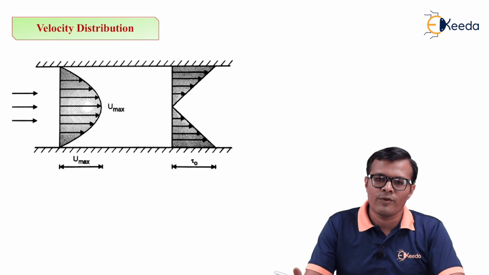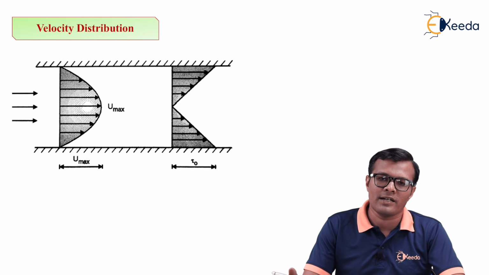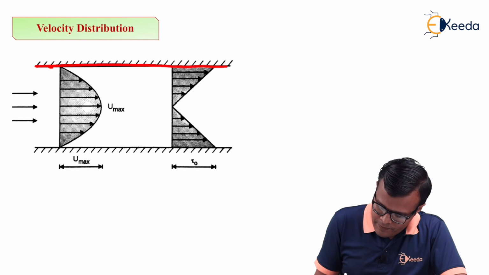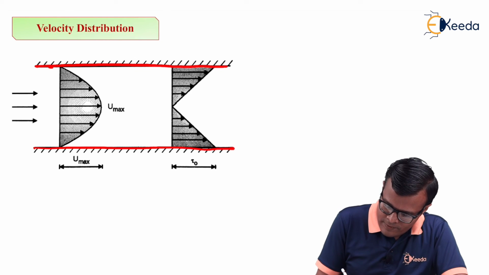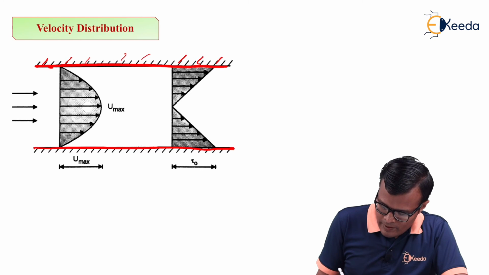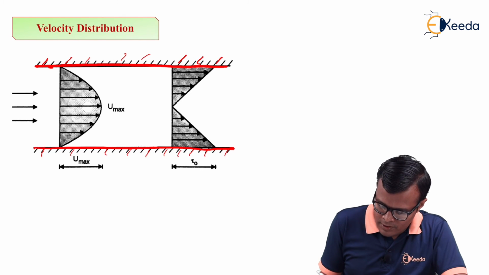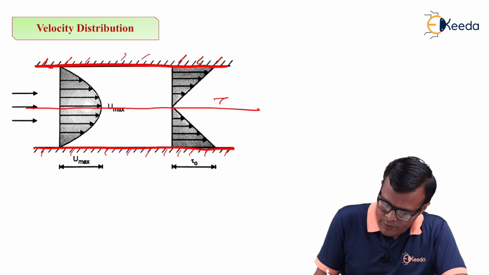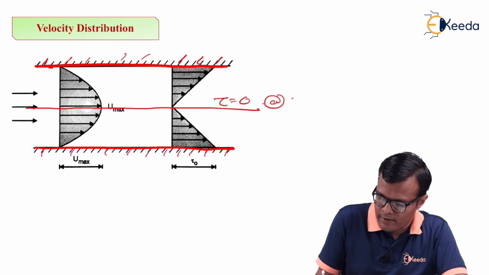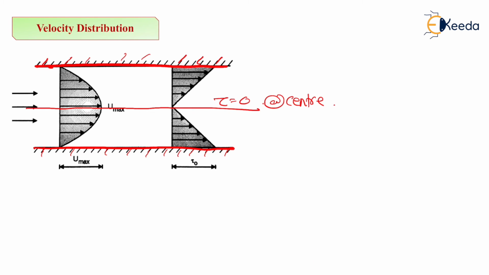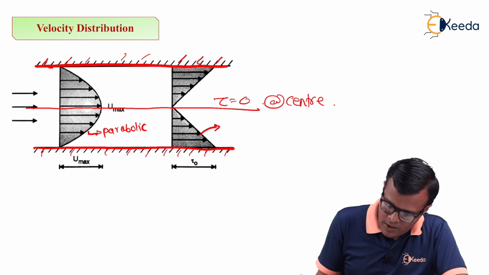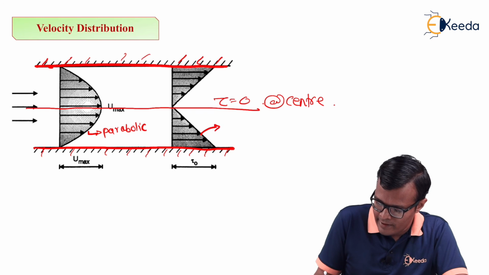So overall, if we want to represent the distribution of velocity and shear stress between the plates, say for example, these are the two plates which are stationary. As we have seen in derivation, this u max is at center and this tau equal to 0 at center. This curve is parabolic in nature and these curves are sloping or linear in nature.